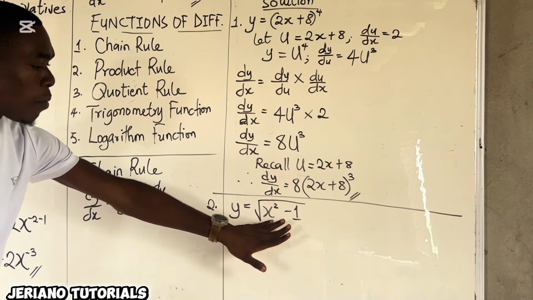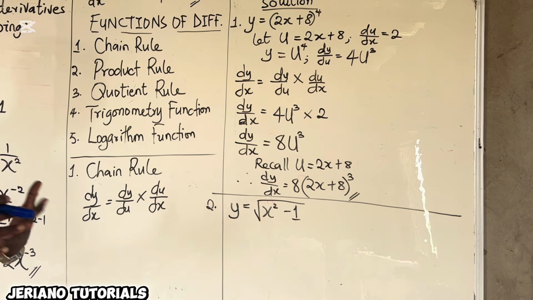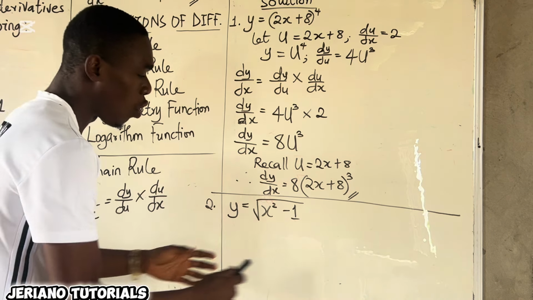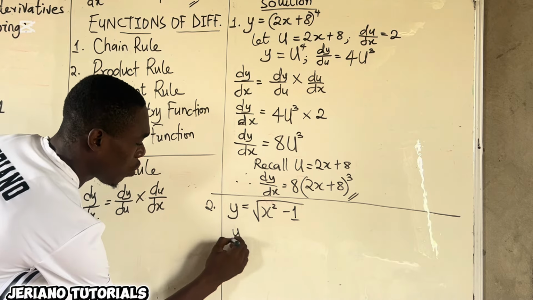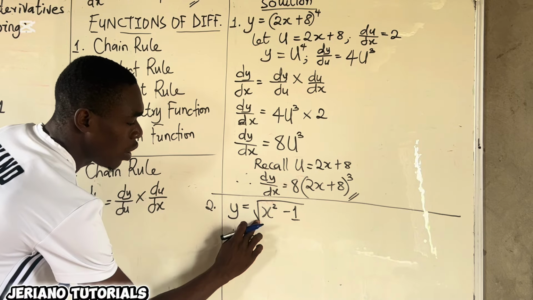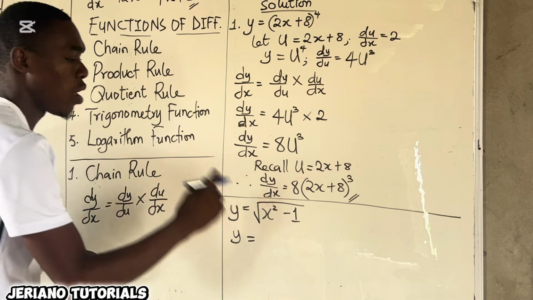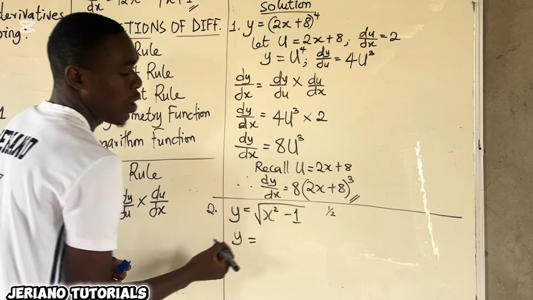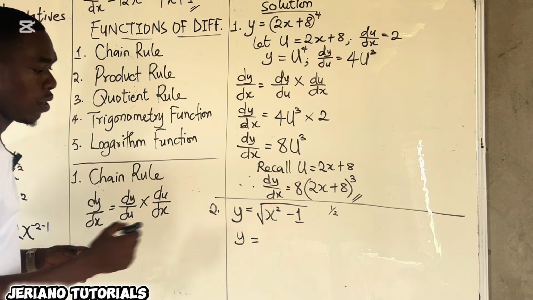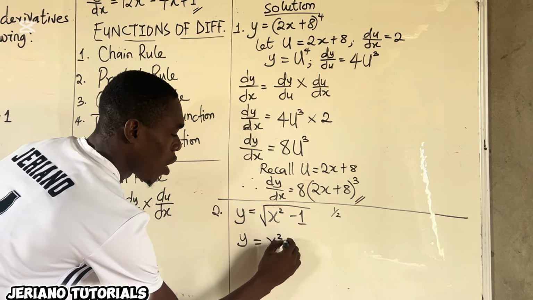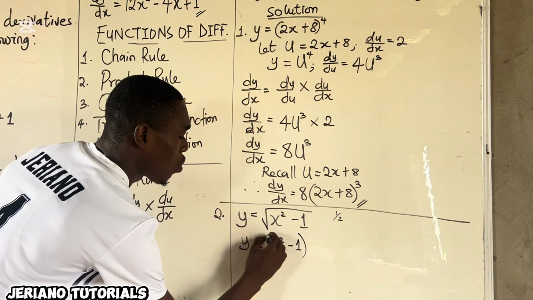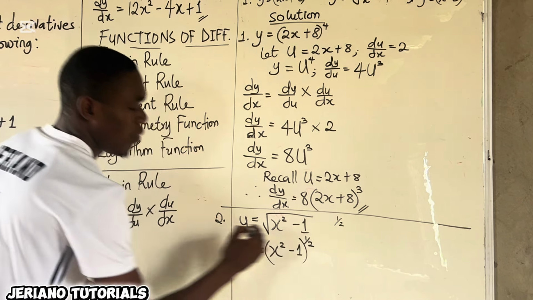The first thing, make this solvable. The square root in index form or power form takes a half as its index. Meaning this becomes (x squared minus 1) raised to the power of half.